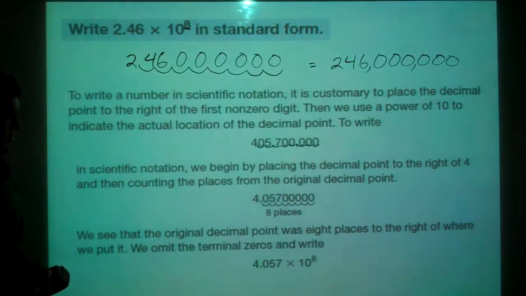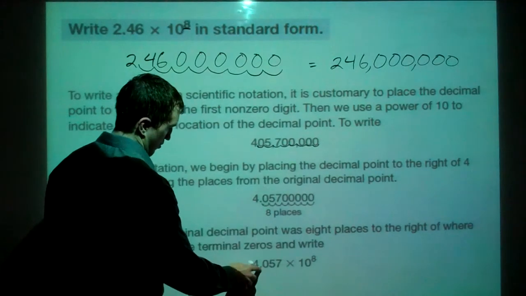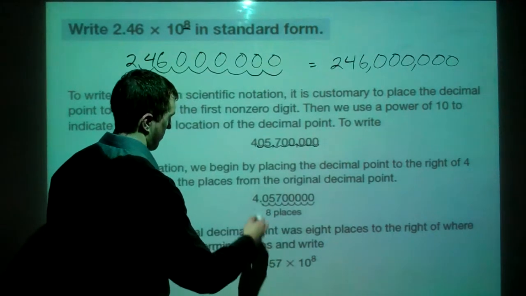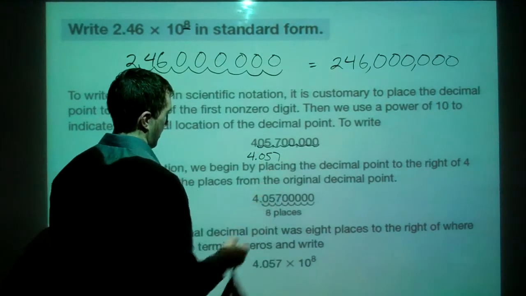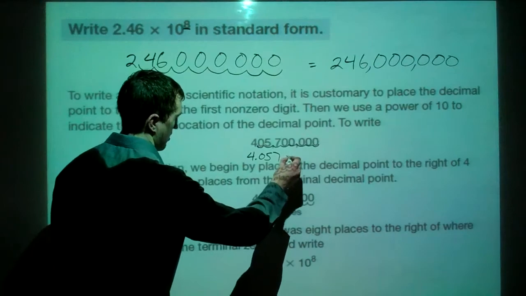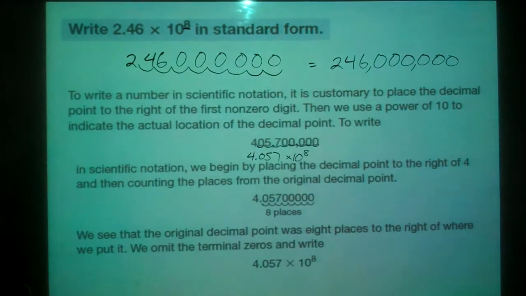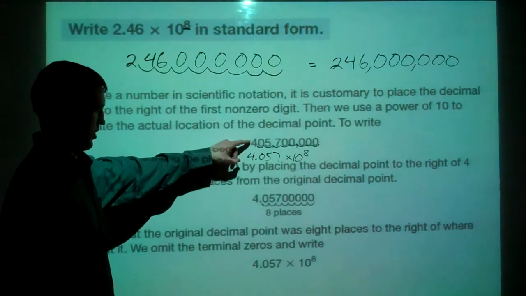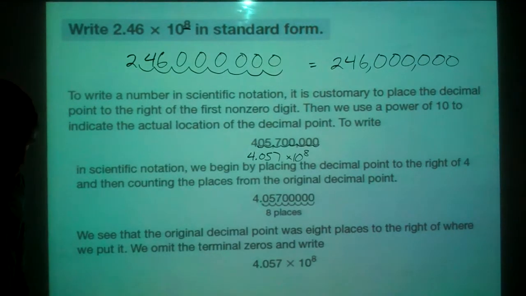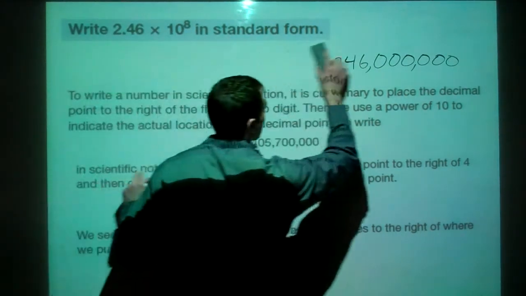Took 8 spots. So to write that in scientific notation, it's 4.057 times 10 to the 8th power. Okay? That's how we would write it in scientific notation. If you went through and calculated this, you would come back out with this number. So there is a way to check your answers, as always.